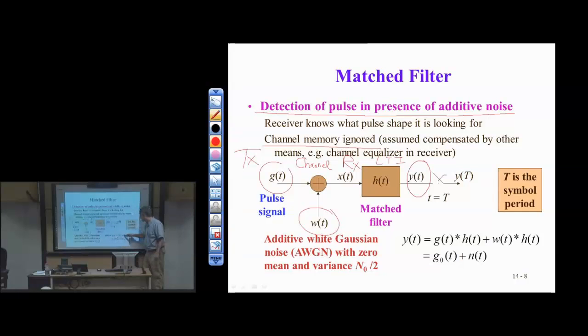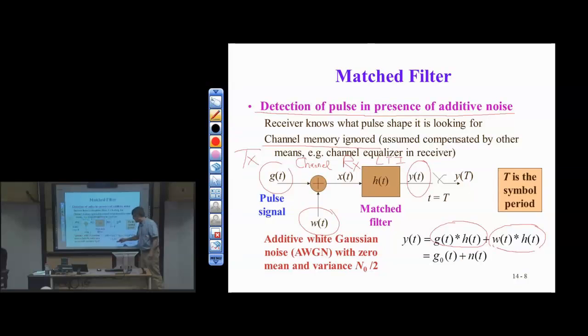First component is g(t) convolved with h(t). Standard stuff, filters in the time domain. And we have another input, which is the noise. Because it's LTI, we can use the additivity property. So x(t) here is g(t) plus w(t). So the output y(t) is going to be g(t) convolved with h(t) plus w(t) convolved with h(t).